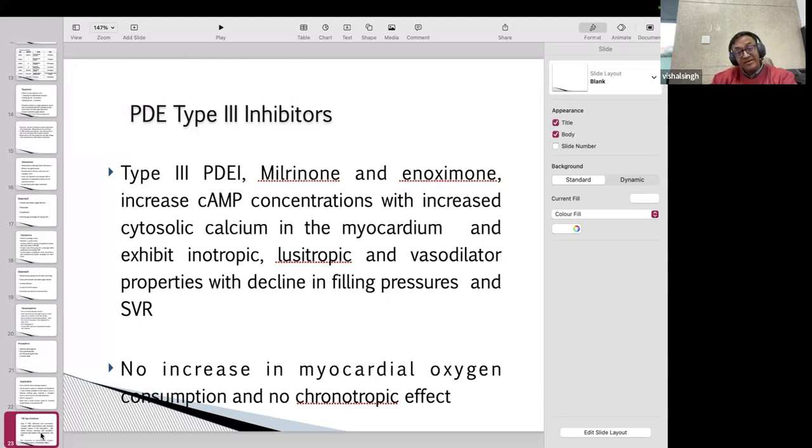Now, research recently has gone to the extent of saying that all these phosphodiesterase inhibitors predominantly act as a vasodilator rather than as an inodilator, but still, we like to believe that it's an inodilator for some time, till it's totally thrown out of the dustbin. But in the current literature, they are coming to the view that it's primarily a vasodilator, and the afterload reduction results in the improved contractility.